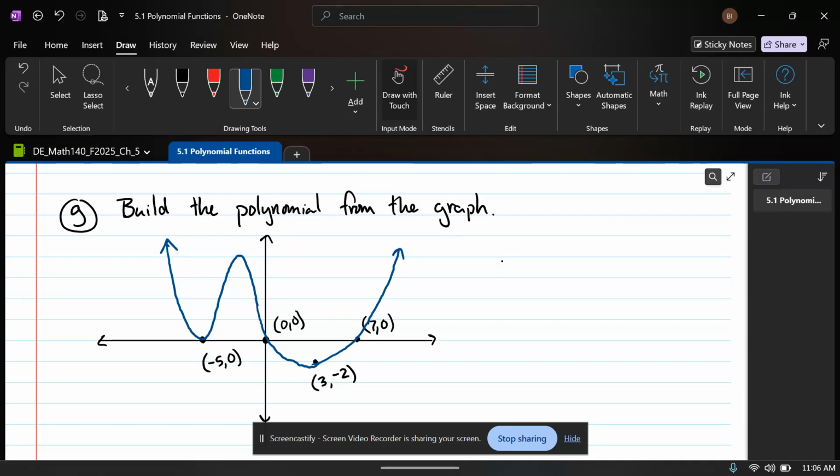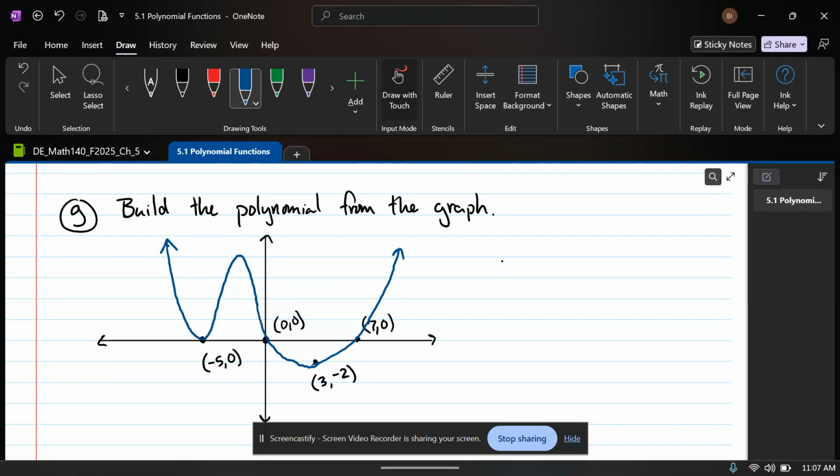So based on this picture, when I build a polynomial, it's built related to the factors. So what do we know about the factors for this particular graph? Even. So if we're going to build a polynomial, we probably want to build it as small as we can, because we don't want a huge polynomial here.